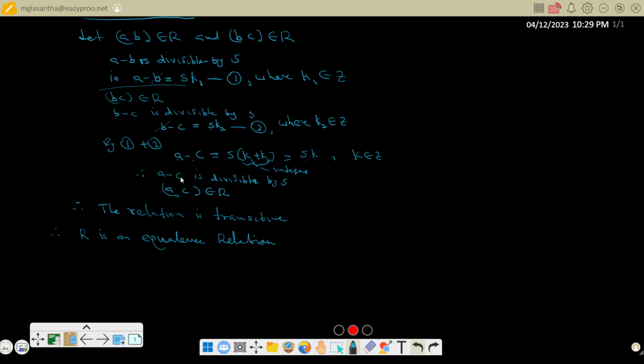Now you have a minus c is divisible by 5. Therefore, (a, c) belongs to R. Now, when (a, b) belongs to R and (b, c) belongs to R, then (a, c) also belongs to R. Therefore, the relation is transitive. Now this relation has all three properties. Therefore, R is an equivalence relation. Okay?